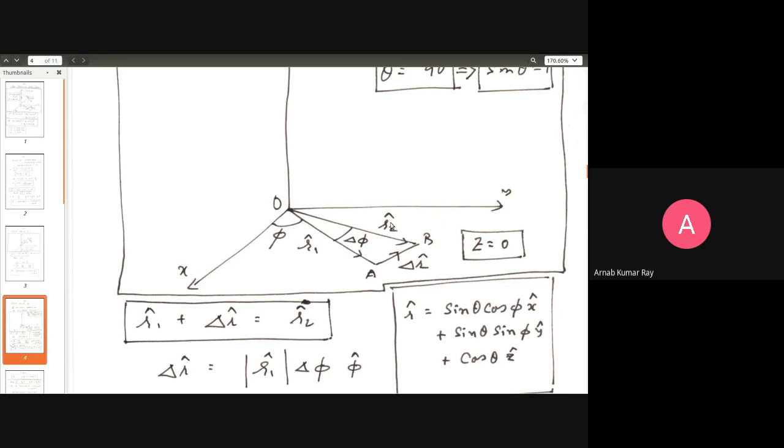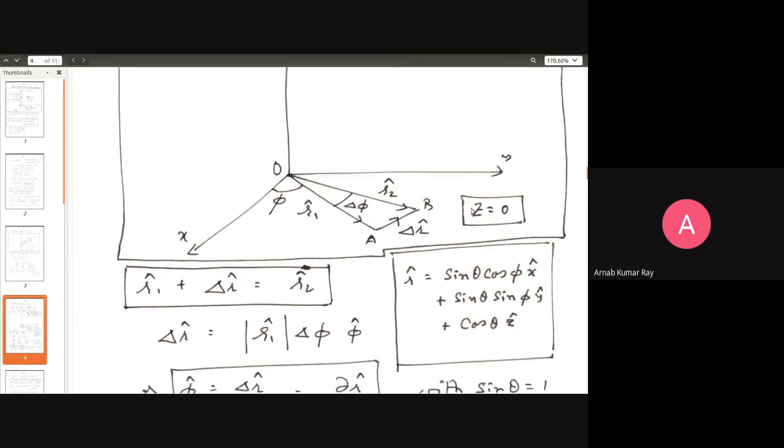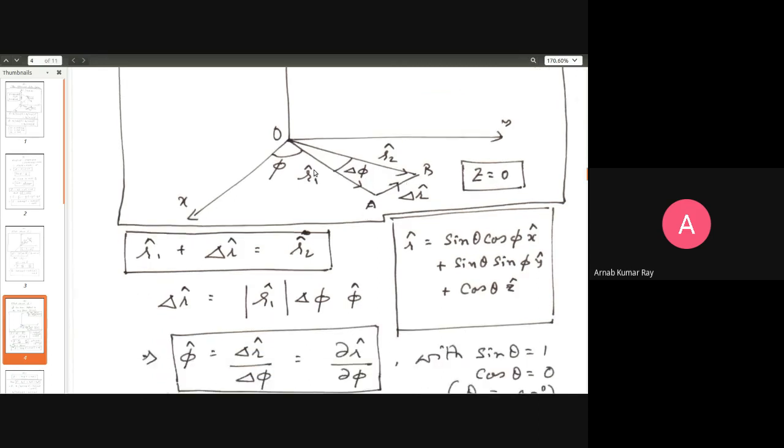Between the two of them, you trap an angle of delta phi. This plane has z equal to 0. Now let's see. R1 cap makes an angle of phi with respect to the x-axis. R2 cap makes an angle of phi plus delta phi with respect to the x-axis. Between R1 and R2, there's a little angular displacement of delta phi.